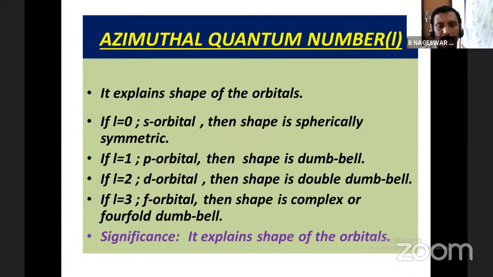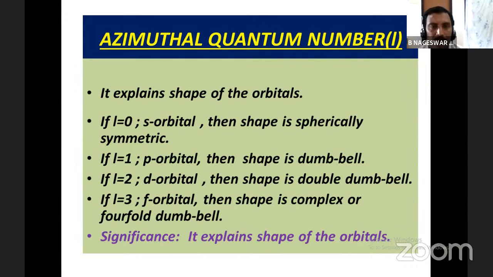Don't write capital letters S, P, D, F. The significance of the azimuthal quantum number is that it explains the shapes of the orbitals.